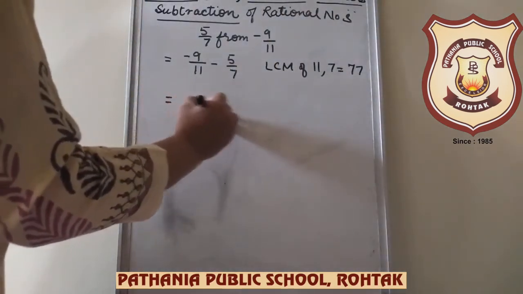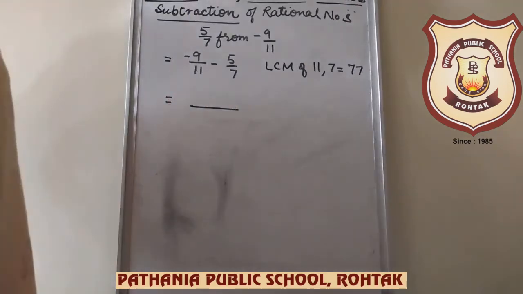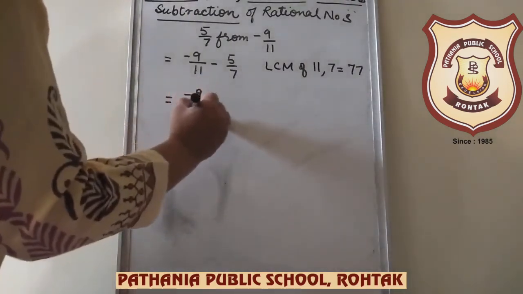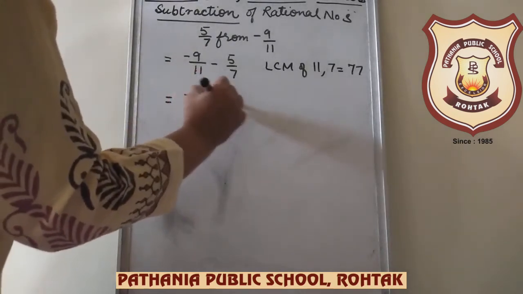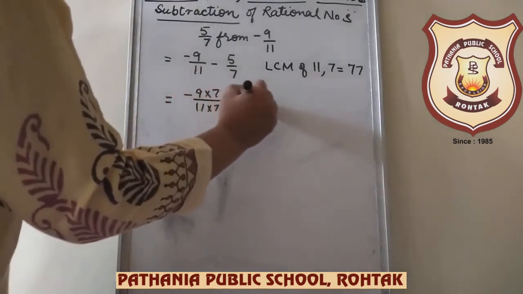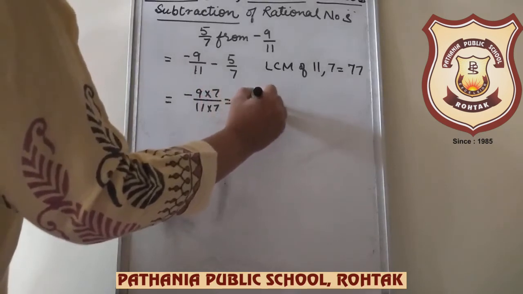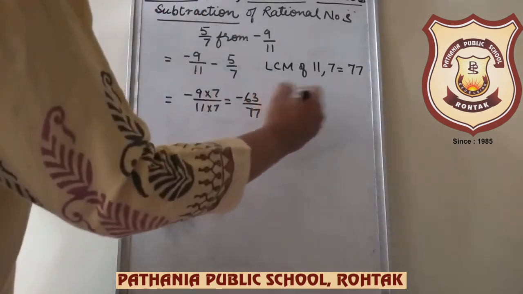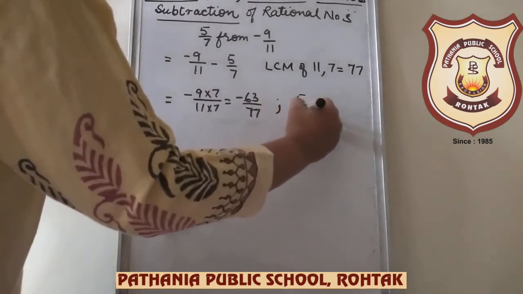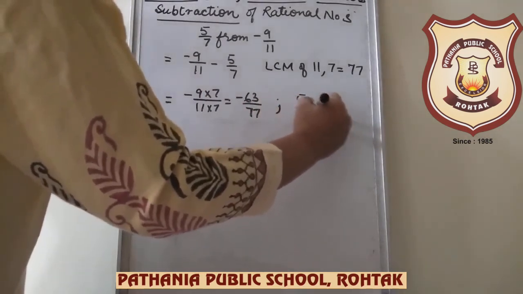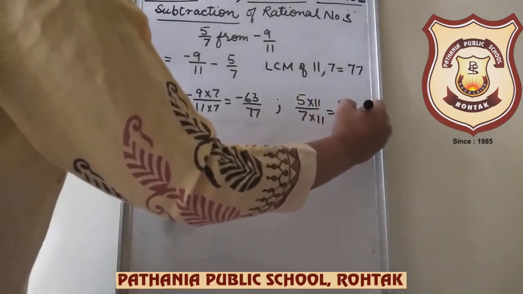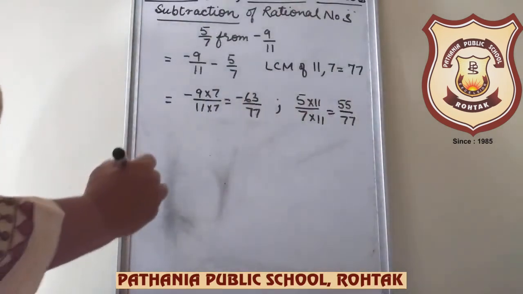So this will become, okay, first make them minus 9 upon 11 multiplied by 7, minus 63 upon 77, and 5 upon 7 multiplied with 11. So it is 55 upon 77.